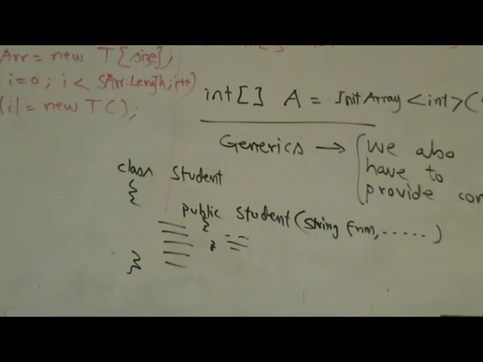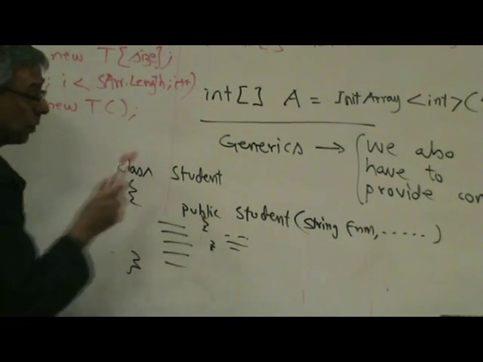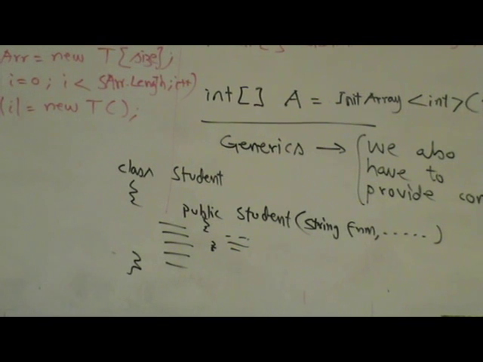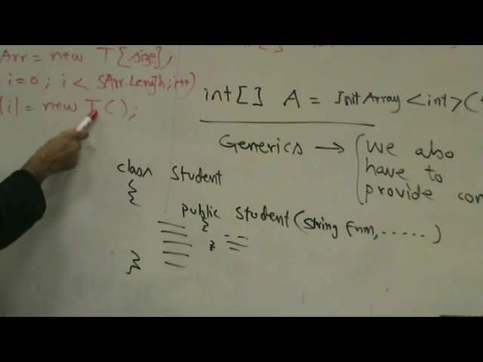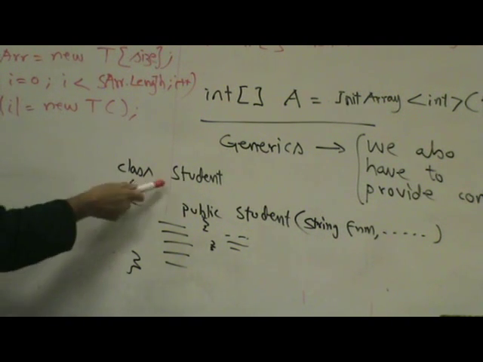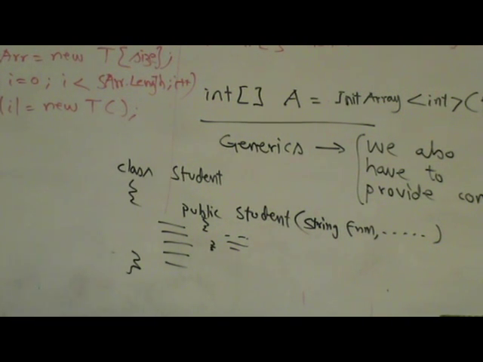Now will it work? No, I should provide the default constructor. Correct. Remember, the minute you provide your own constructor, C# takes away the default constructor. So now, as it tries to do new Student(), there is no Student constructor without any parameter. So now this will generate an error. Okay. So the code won't even compile.